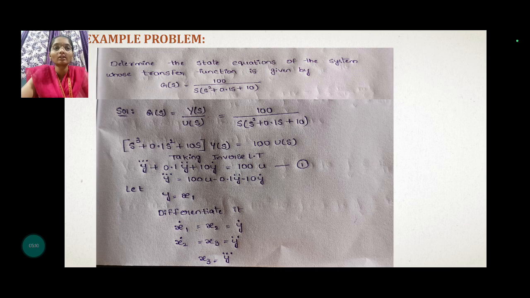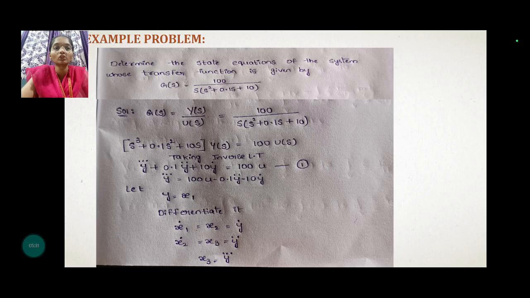Taking the inverse Laplace transform, y triple dot plus 0.1 y double dot plus 10 y dot is equal to 100 u. Let us assume u as 1. We get y triple dot is equal to 100 u minus 0.1 y double dot minus 10 y dot. Let y be equal to x1.